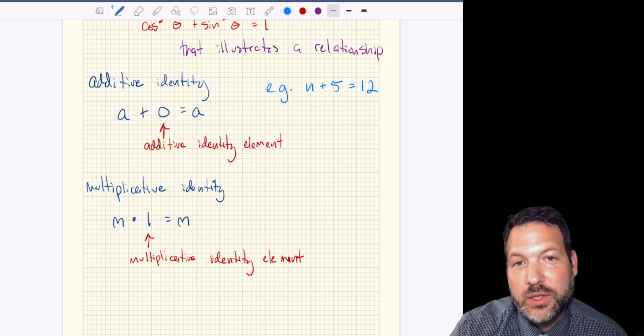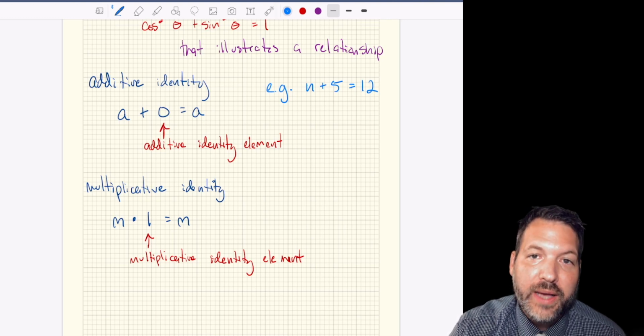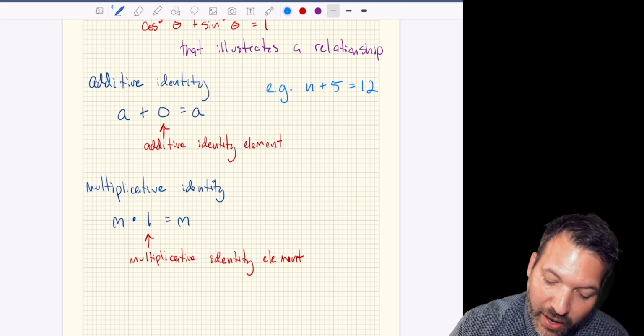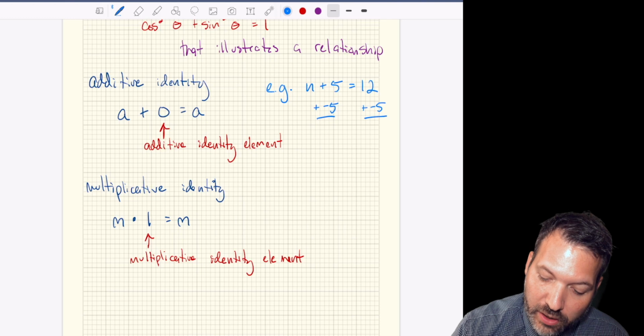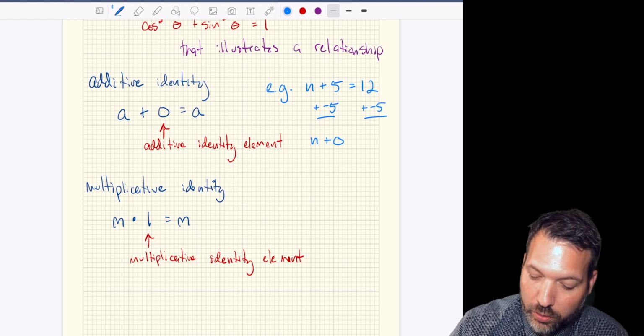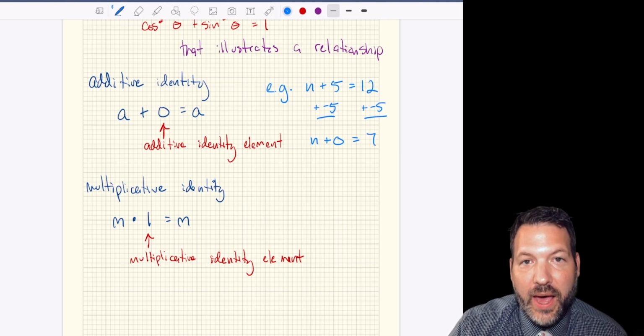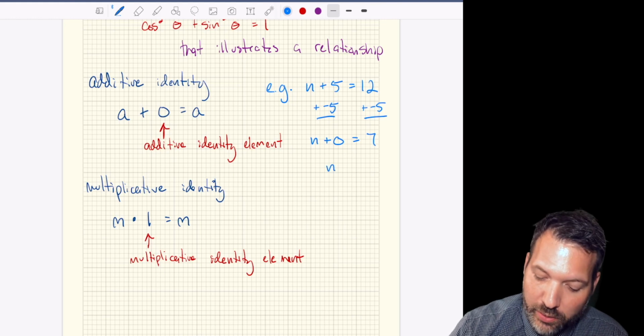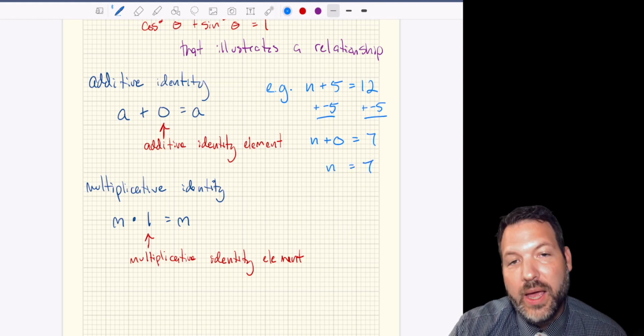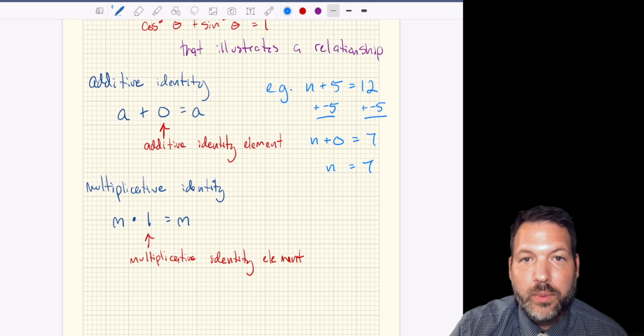One way to solve that is to try to make a 0, to utilize the additive identity. If I add negative 5 to both sides of this equation, I can get that n on its own, because 5 and negative 5 make 0, 12 and negative 5 make 7, and now the additive identity tells me n plus 0 is the same thing as n, so I have a solution. When n is 7, that equation is true.